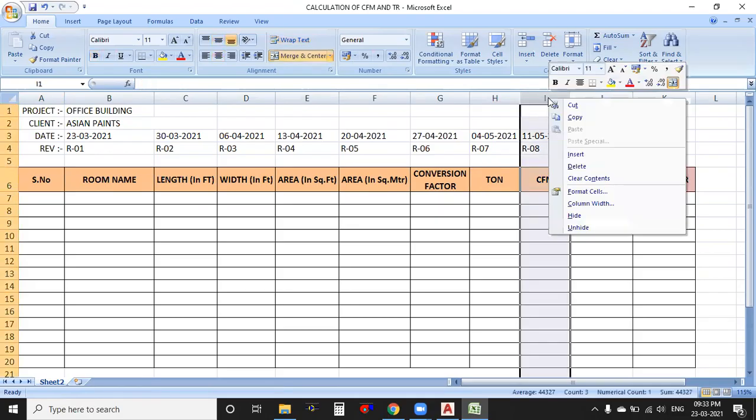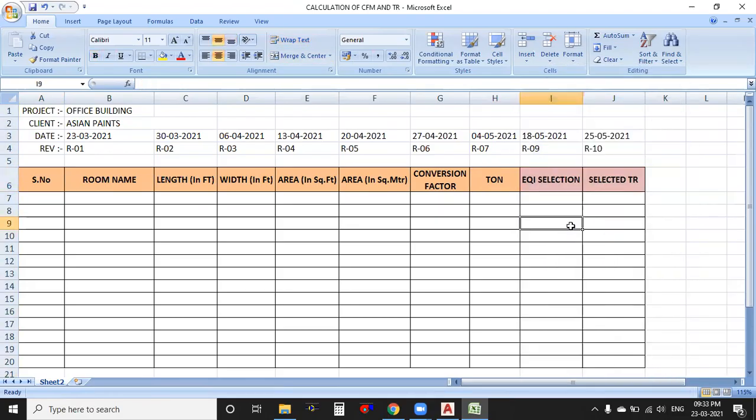CFM we don't require here. Then ton, equipment selection, selected tier. So we are going to give serial numbers 1, 2, 3, 4, 5, 6, 7, however many rooms we are having, and whatever the room name, and length in feet.